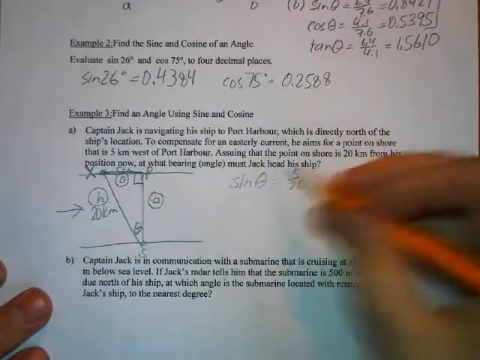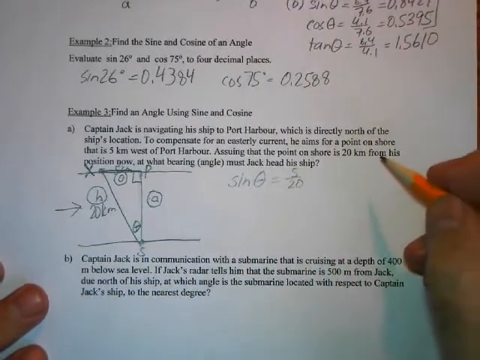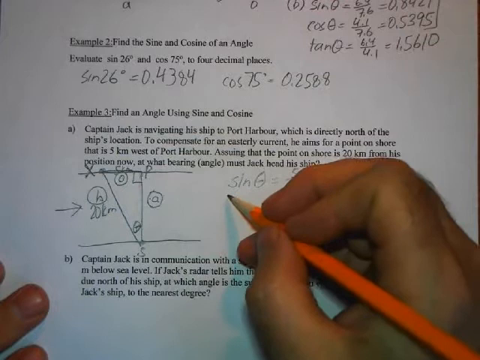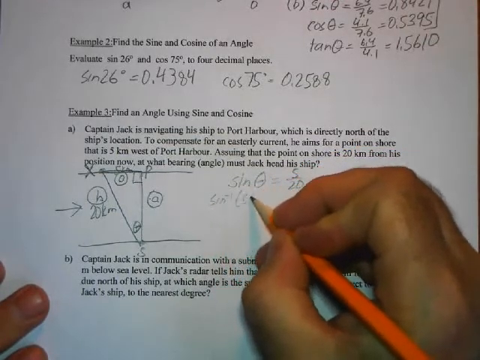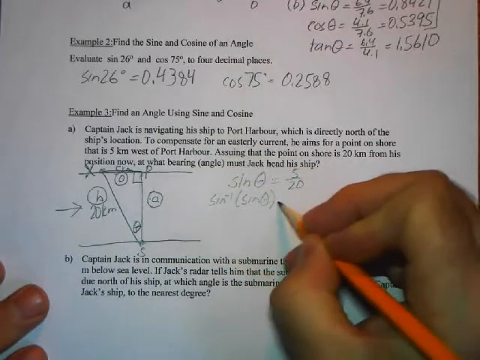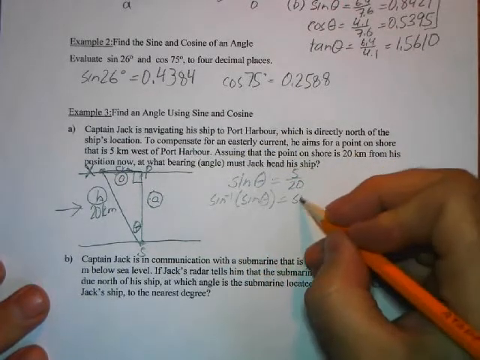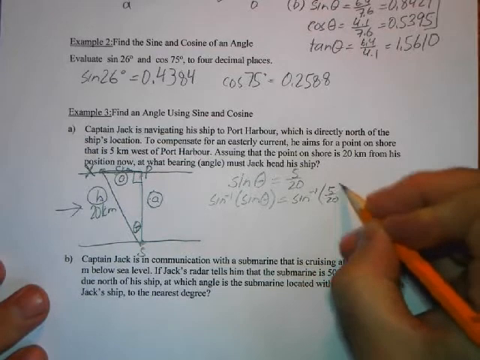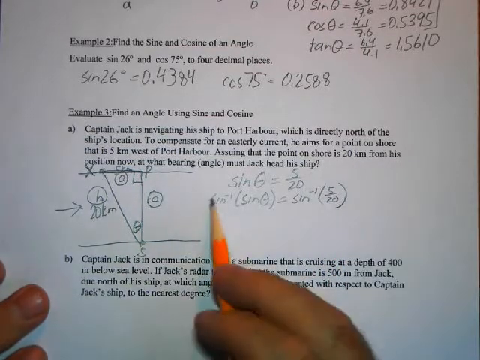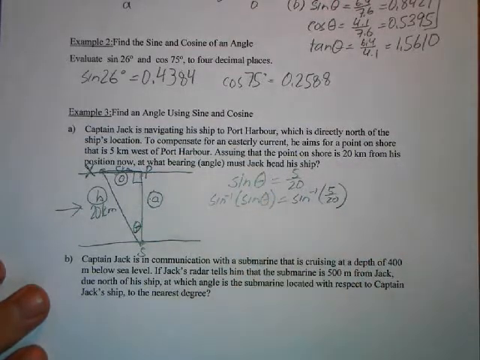Okay, now just like we did this with tan in the last lesson, basically what we're doing is we're taking the sine inverse of both sides. You don't have to put this step every time, but it's good to know what you're doing here, because I think a lot of people think, oh, you just move the sine over to the other side. No, you don't do that.